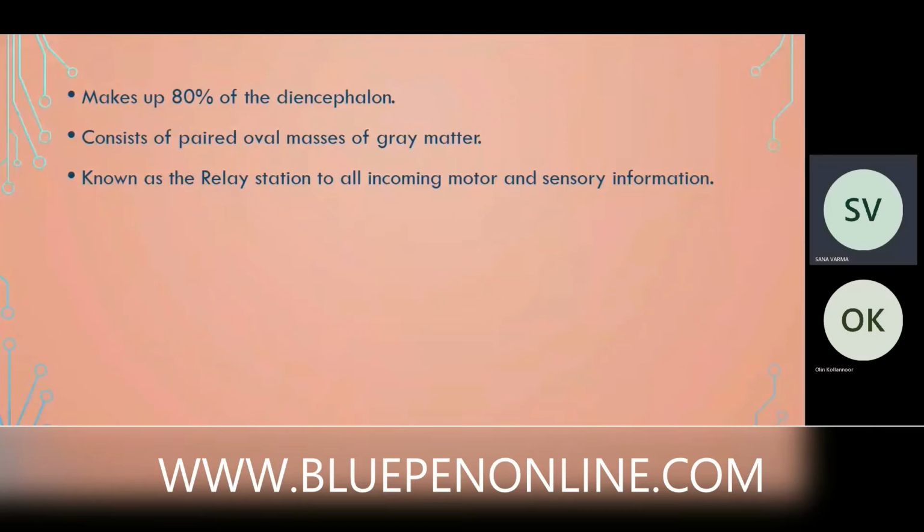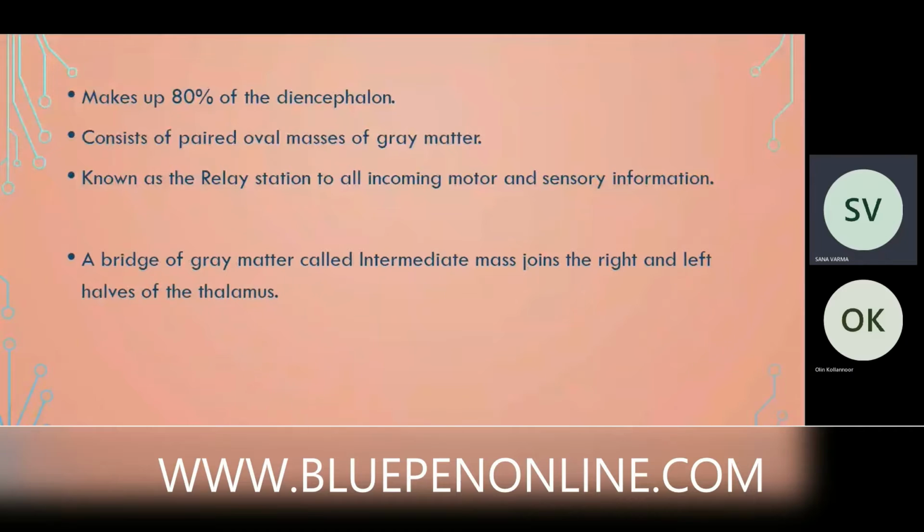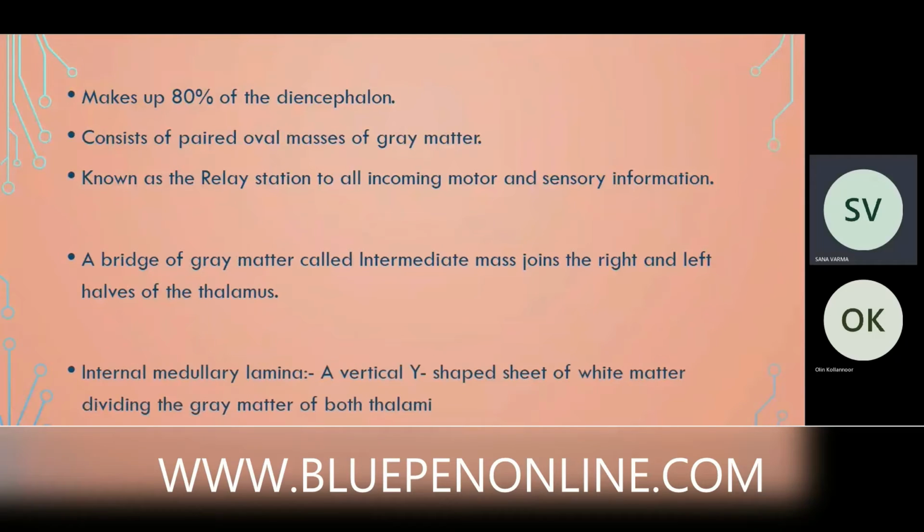Then a bridge of gray matter called the intermediate mass joins the right and left halves of the thalamus. We saw that they are a pair of oval-shaped masses, and in the top view these two are connected in between by a small bridge called the intermediate mass. There is one more thing, the internal medullary lamina.